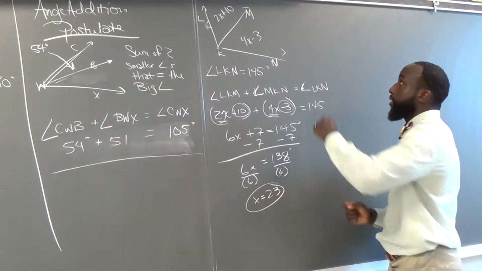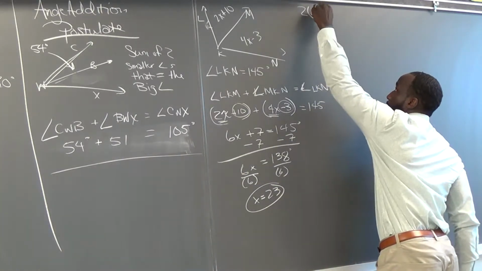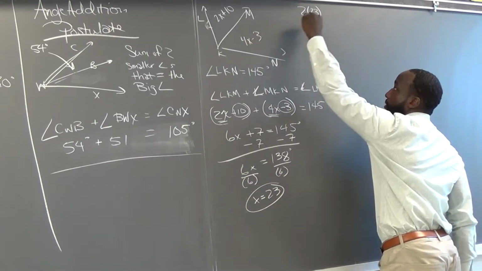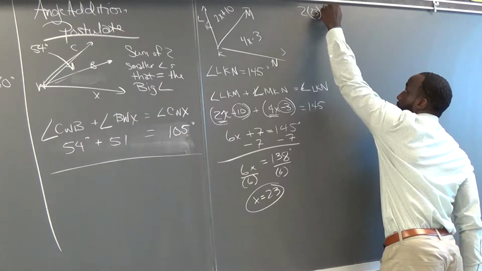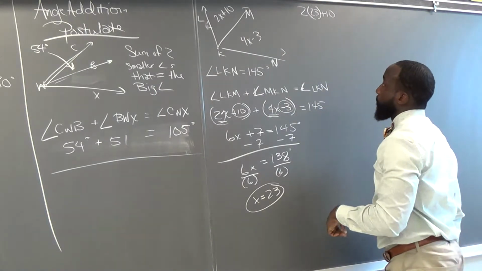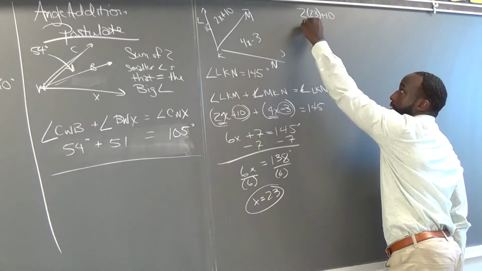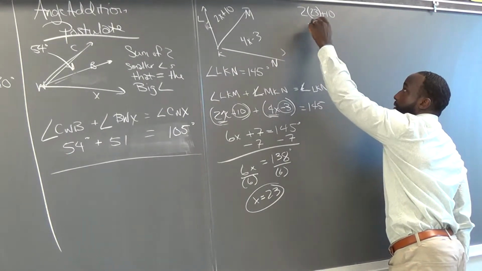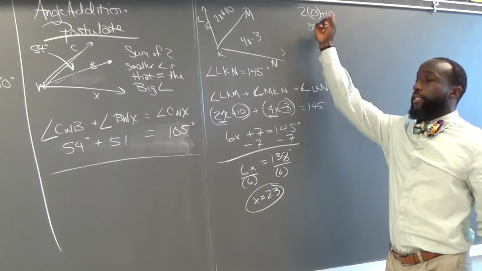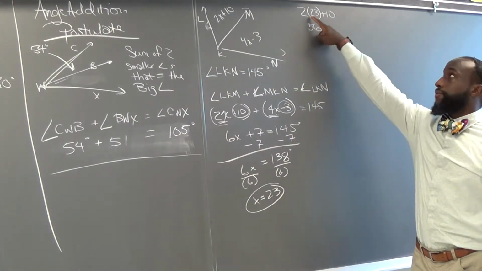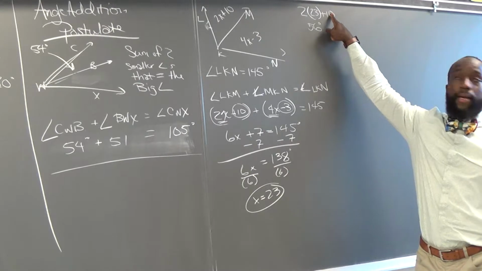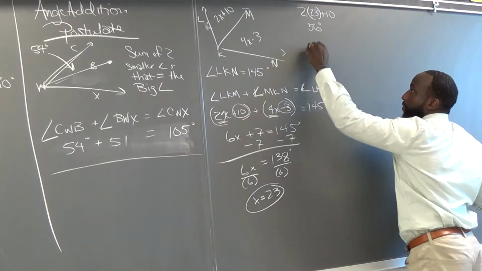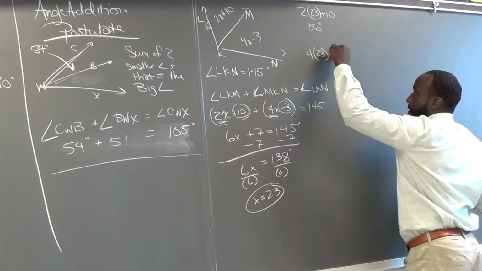So you take 23 and you substitute it into the first one. So it's 2 times 23 plus 10, which is 46 plus 10, 56 degrees. And then the next one was 4 times 23 minus 3.